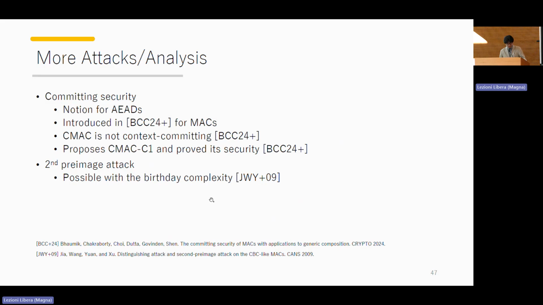There is also a second pre-image attack against CMAC. And it was pointed out that the second pre-image attack is possible with the birthday complexity. Yes, you can do this. CMAC is not designed to have more than birthday security, so you can do this.